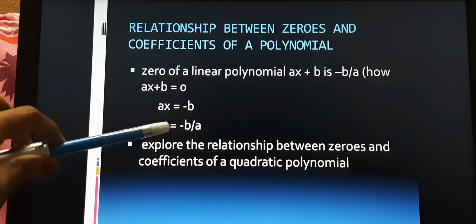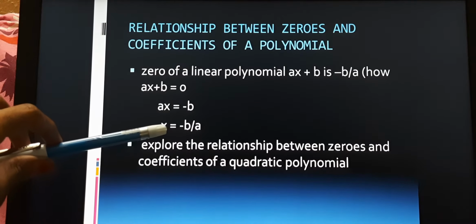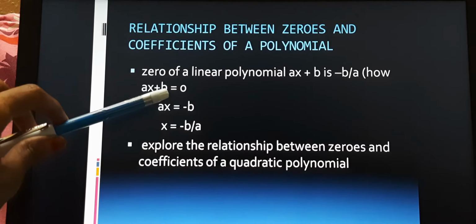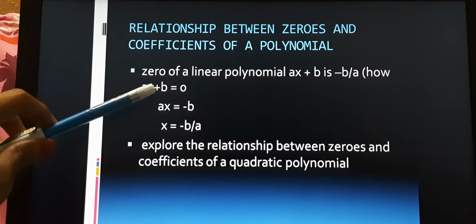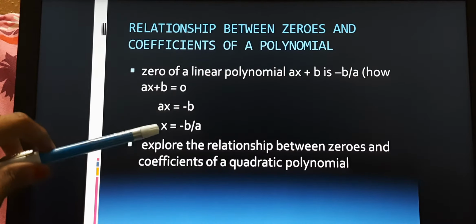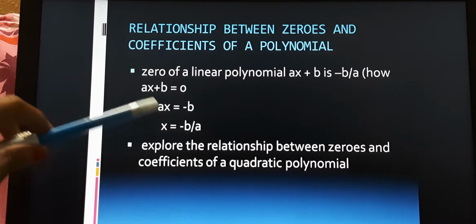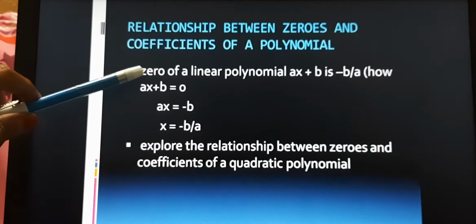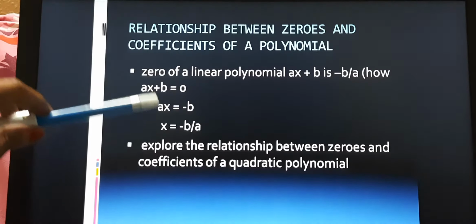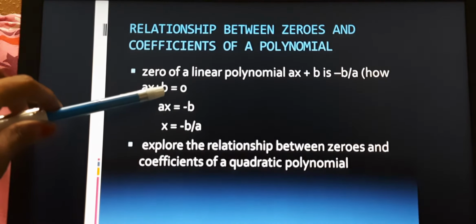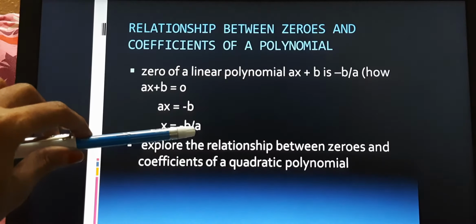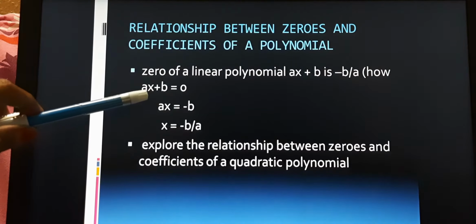What is x here? Here x is a variable. What is b? b is a constant. What is a? a is the coefficient of x. So here we have a relation: when we calculate the zero of the polynomial, the variable equals minus the constant divided by the coefficient of x.